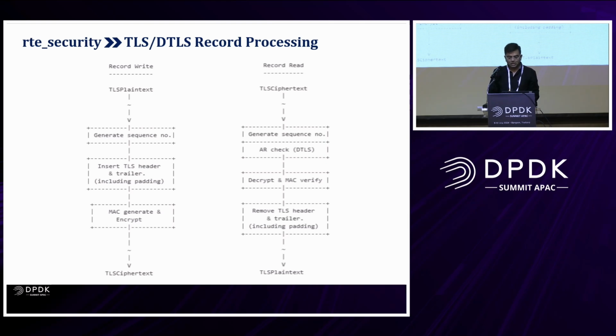And then we add the generated MAC and encrypt the plain text and the generated MAC to get the ciphertext. At the record read side, we do a sequence number check and add the anti-replay checks for DTLS cases, and then decrypt it and verify the MAC.